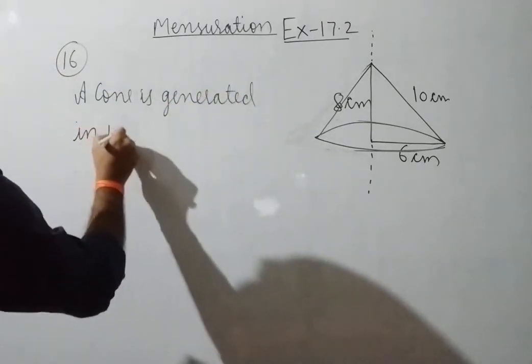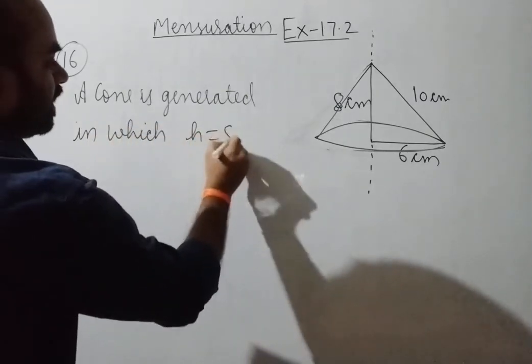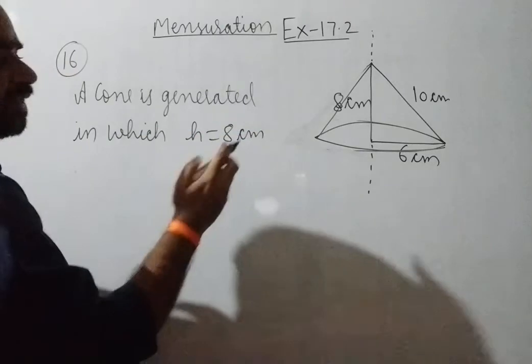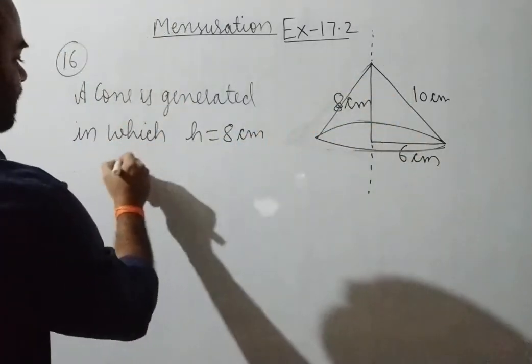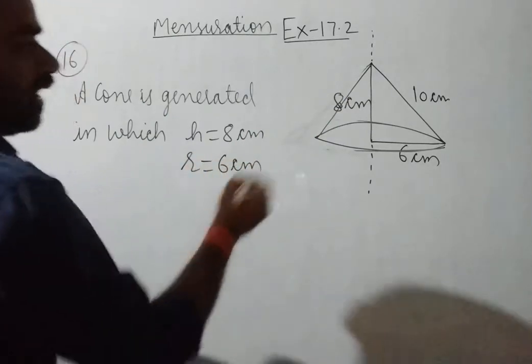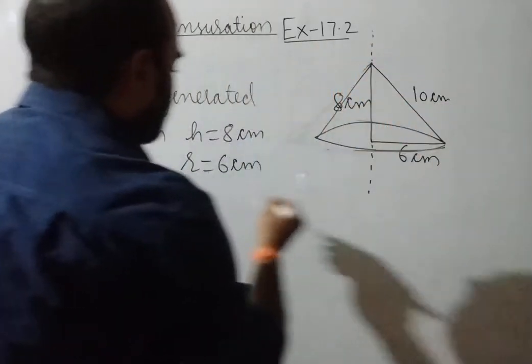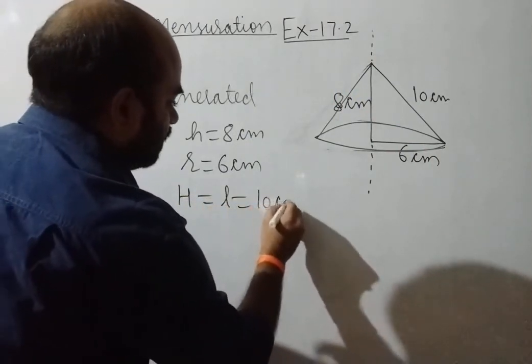in which height will be 8 centimeter. Why? Because it is revolved around 8. Radius will be 6 centimeter and the hypotenuse will become slant height, that is 10 centimeter.